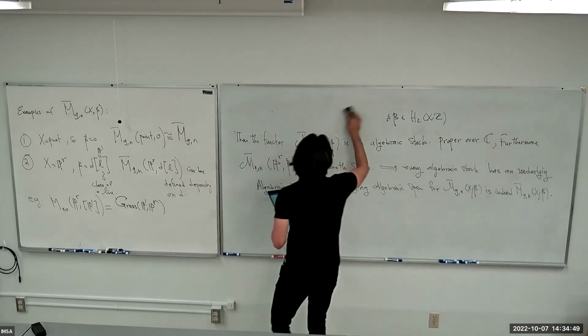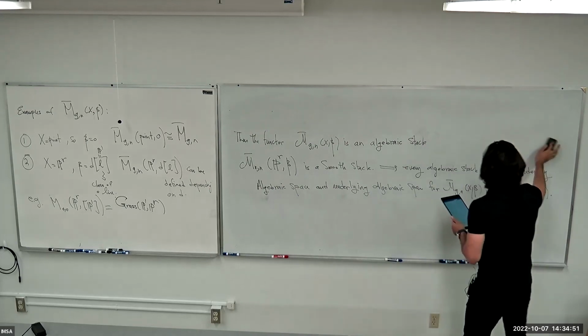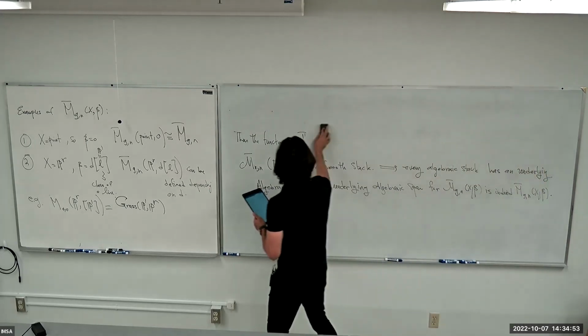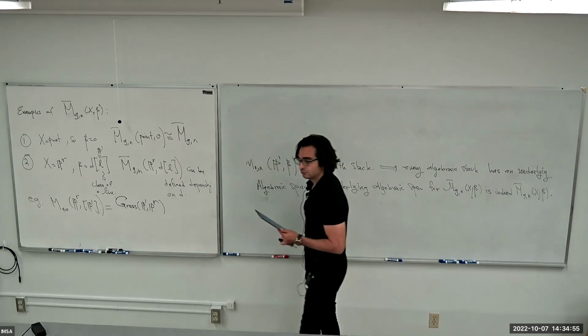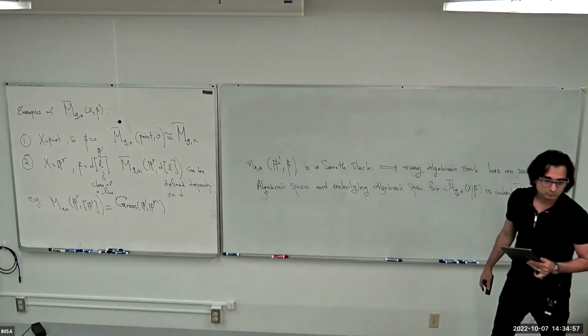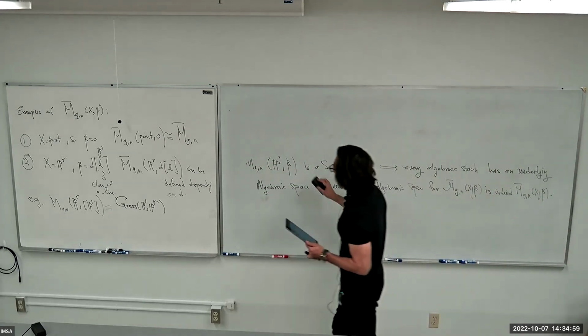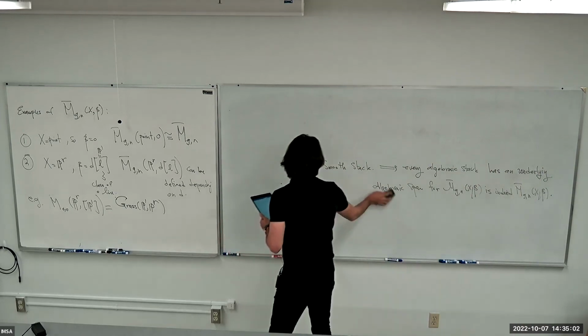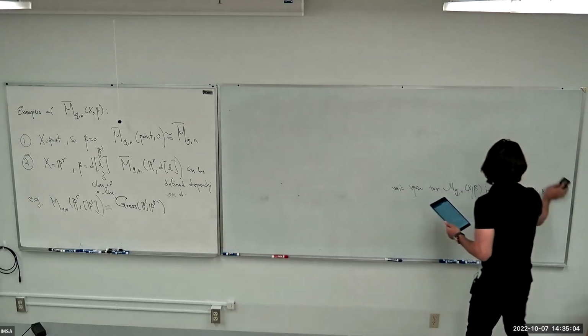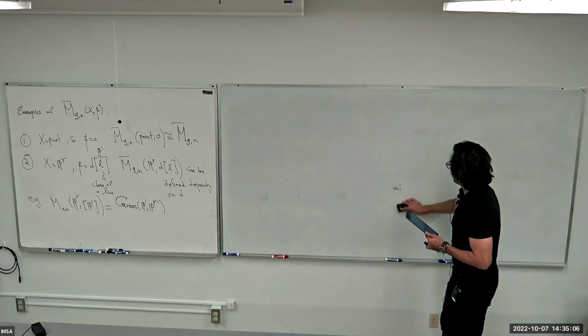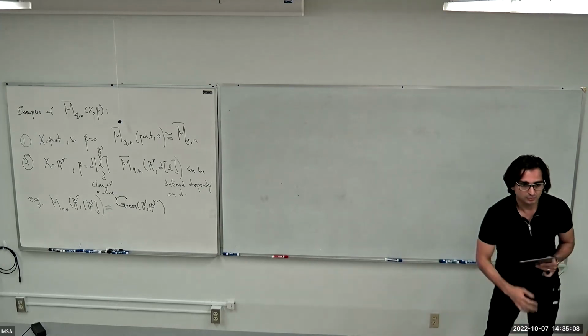And then if I don't put any markings on it, P1 itself is smooth, it's okay. I don't need to worry about the stability of it. But then I can put markings on the curve.